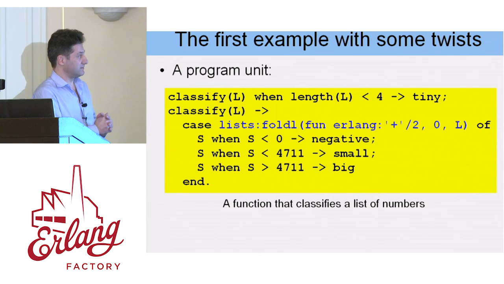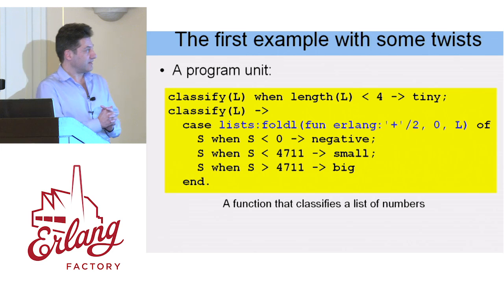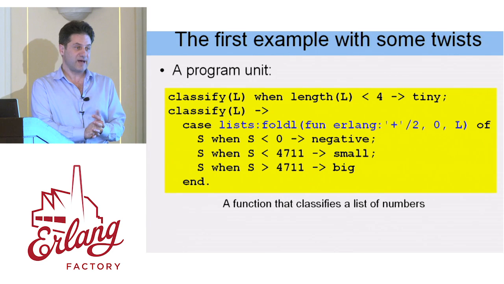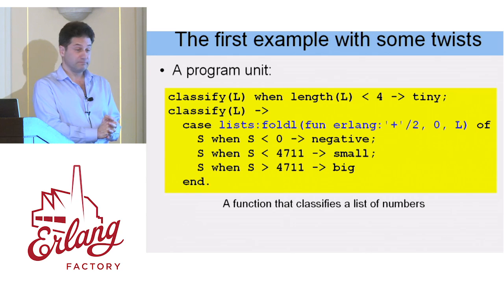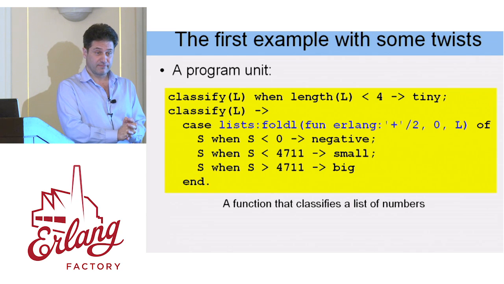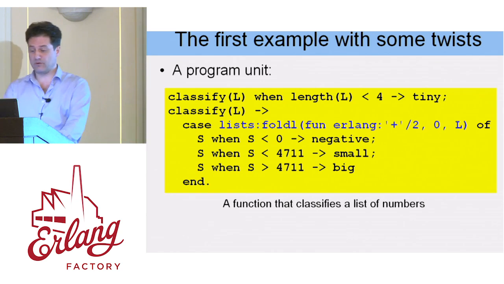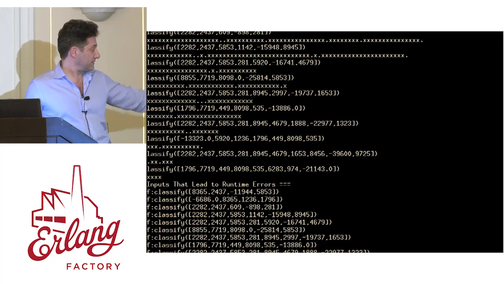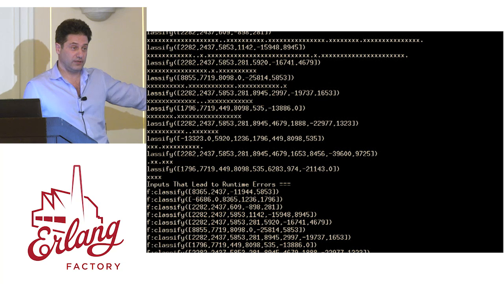Here's another twist. Since I'm a functional programmer, I can write the list sum this way. Will the tool be confused? By the way, it has finished and tells you all these erroneous inputs.